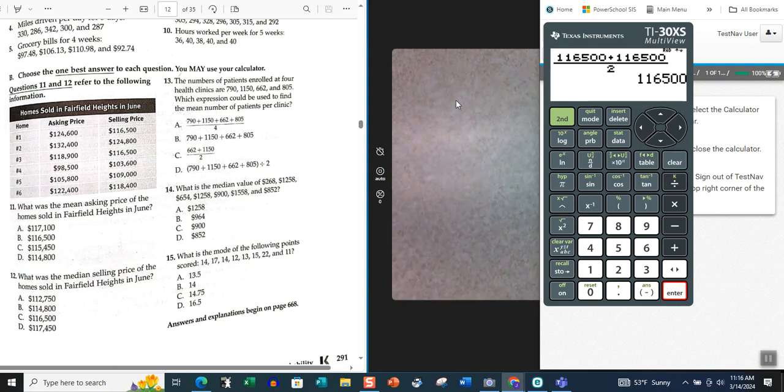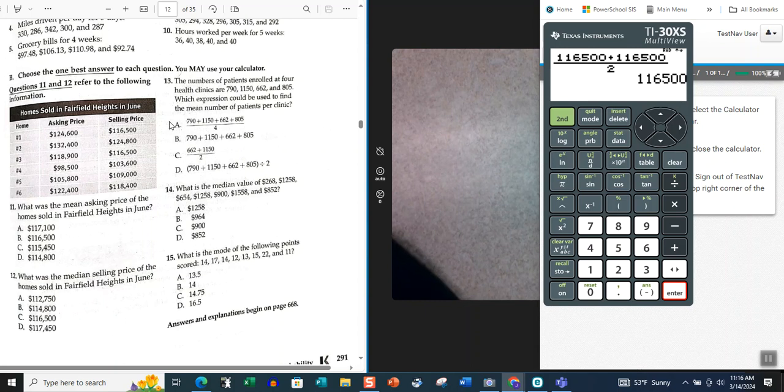Okay, now we go to problem 13. It says the number of patients enrolled at 4 health clinics are 790, 1150, 662, and 805. Which expression could be used to find the mean number of patients per clinic? First of all, there are 4, so our denominator must be 4. This one is divided by 4, this has no division, and these are divided by 2.